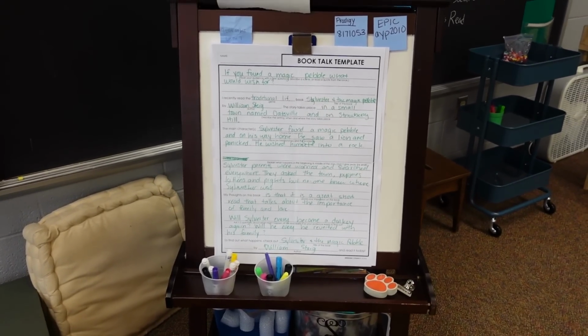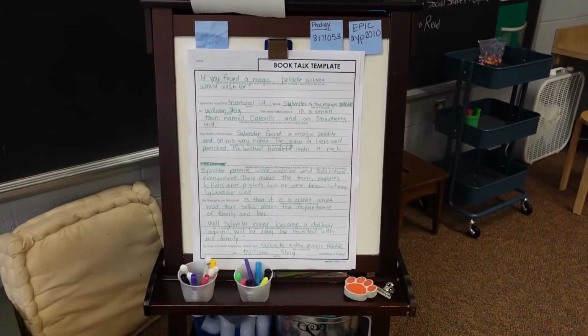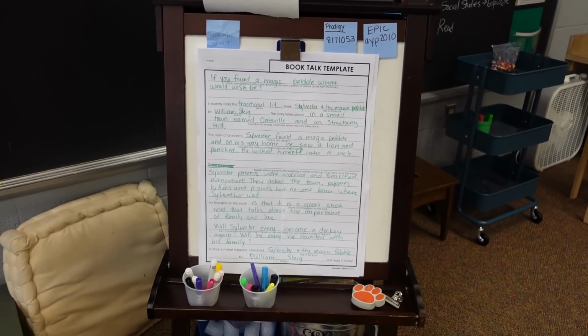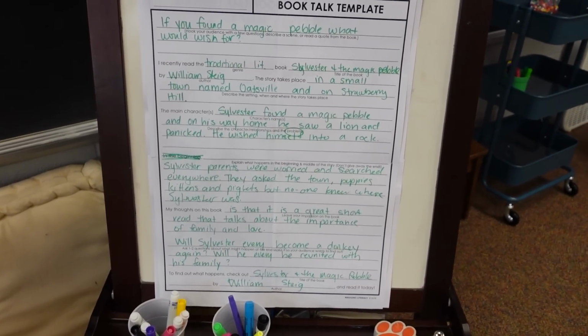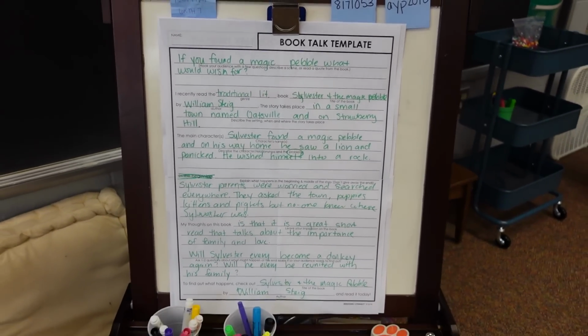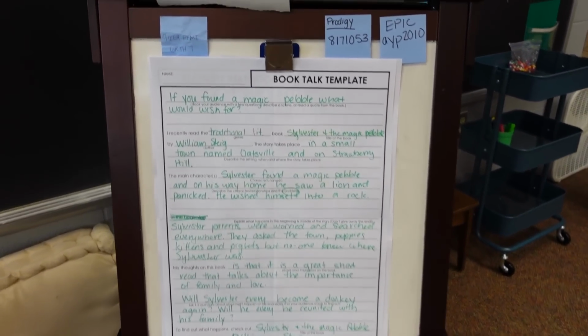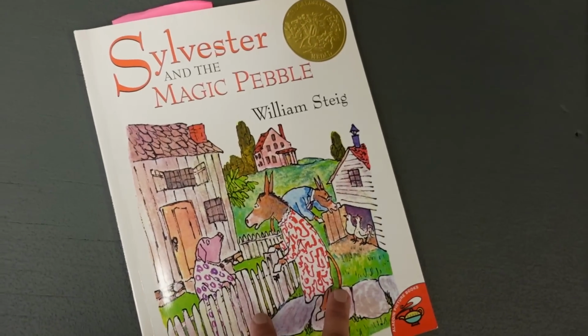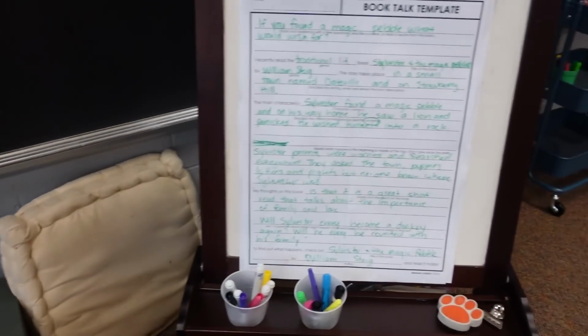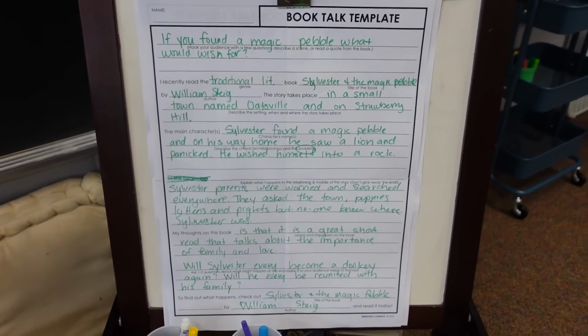So first off, it's very interesting because my block 1 and my block 2 are kind of together, but also a little bit off at the same time. So this morning I did my book talk template for the book, this one, Sylvester and the Magic Pebble. So I have it all written out. We did this together.